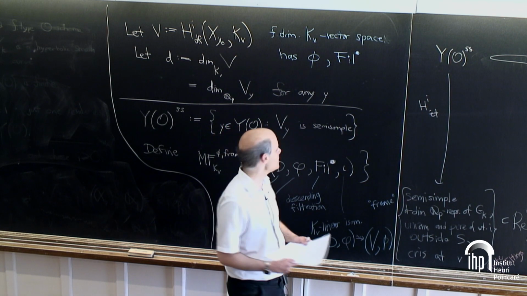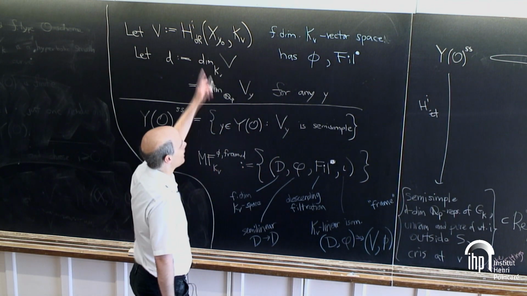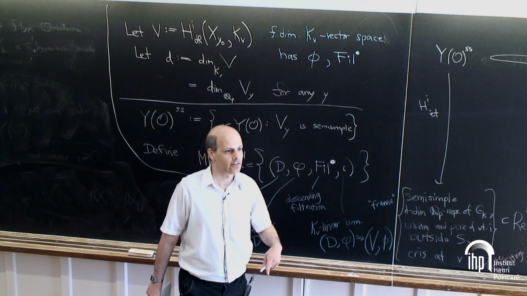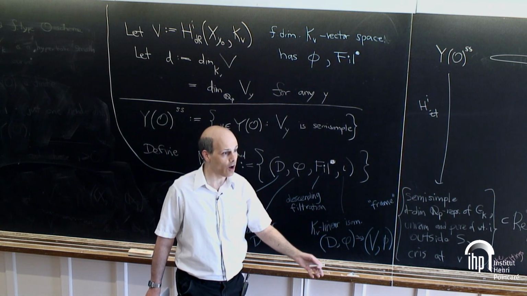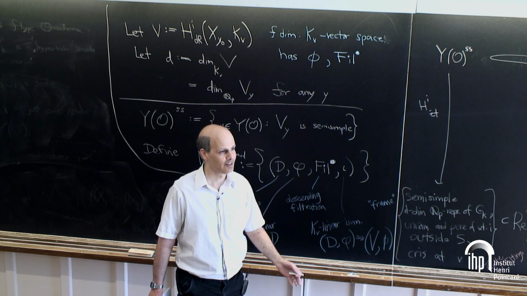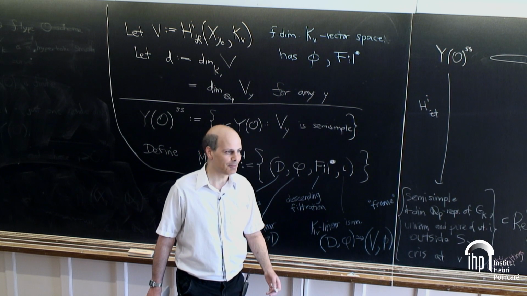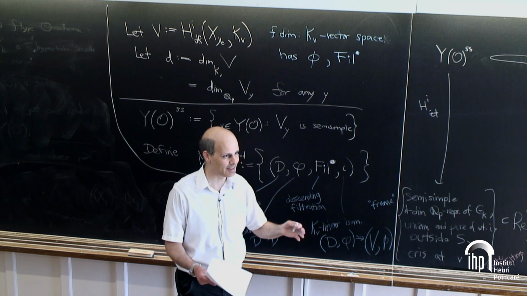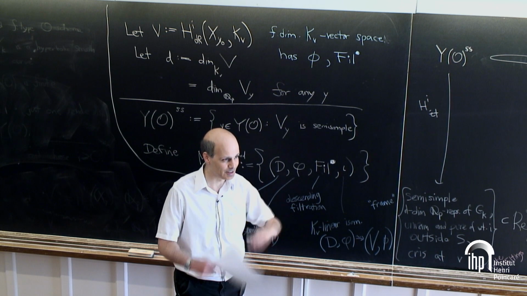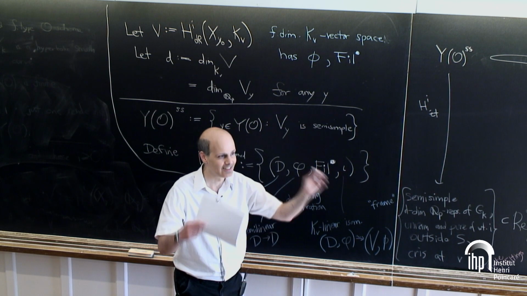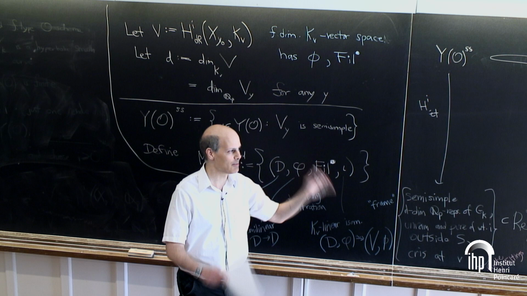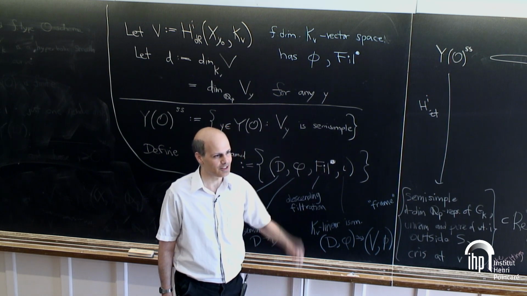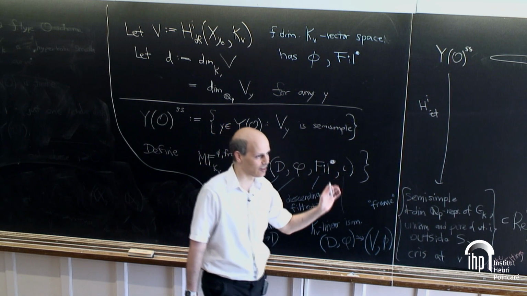Well, at least if x over y is a family of curves, then actually Faltings proved that all the representations are semi-simple. But as I said last time, that would be cheating, because what goes into that is essentially all the machinery. You don't want to use that because that's a hard theorem.